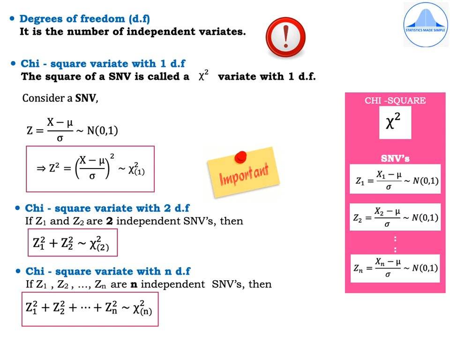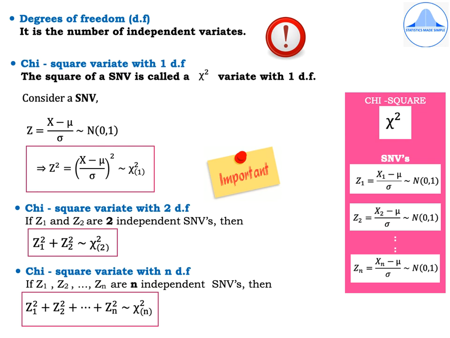Now how many independent normal variates do we have? We have two independent normal variates. So when I square Z1 and Z2, which are SNVs, I get Z1 square plus Z2 square. Which distribution will this follow? This will follow the chi-square distribution with 2 degrees of freedom.